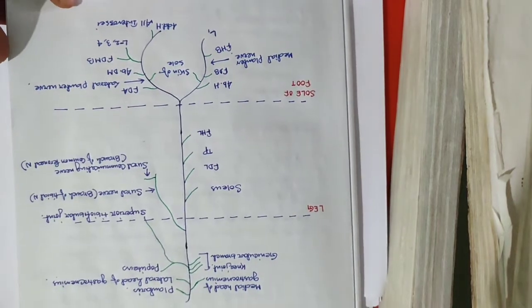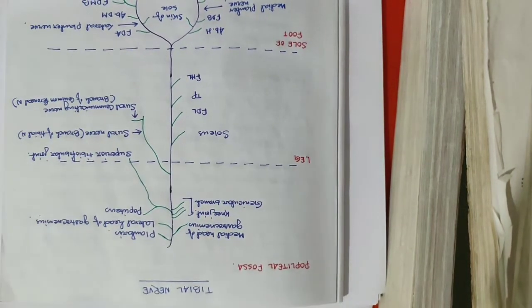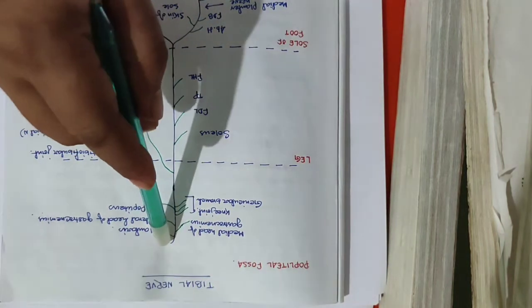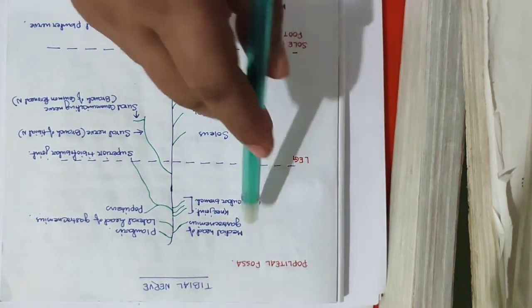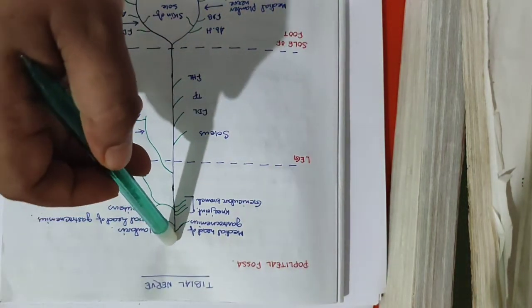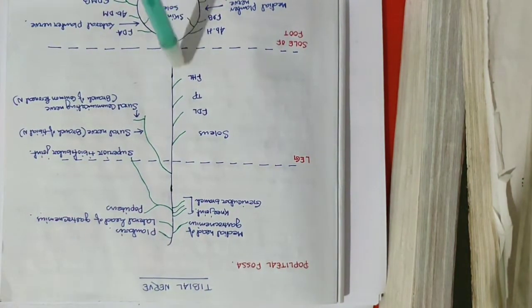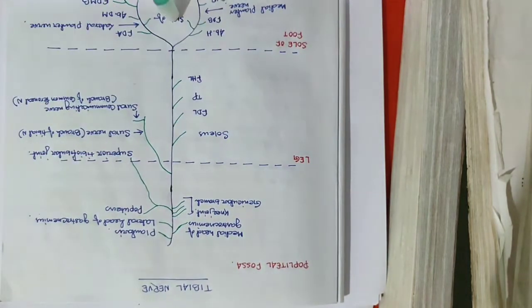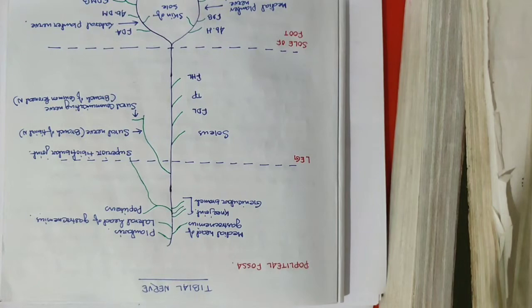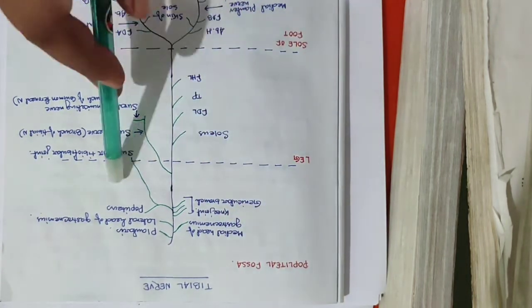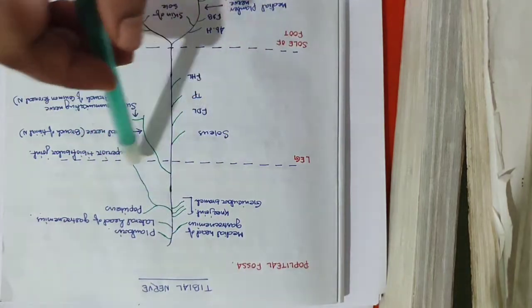Here is another graphic presentation of the tibial nerve. This is the tibial nerve, and this is the region of the popliteal fossa, then the leg, then the sole of the foot. From the popliteal fossa up to the sole of the foot, in its course or distribution, it gives various branches. I will discuss today only the popliteal fossa.